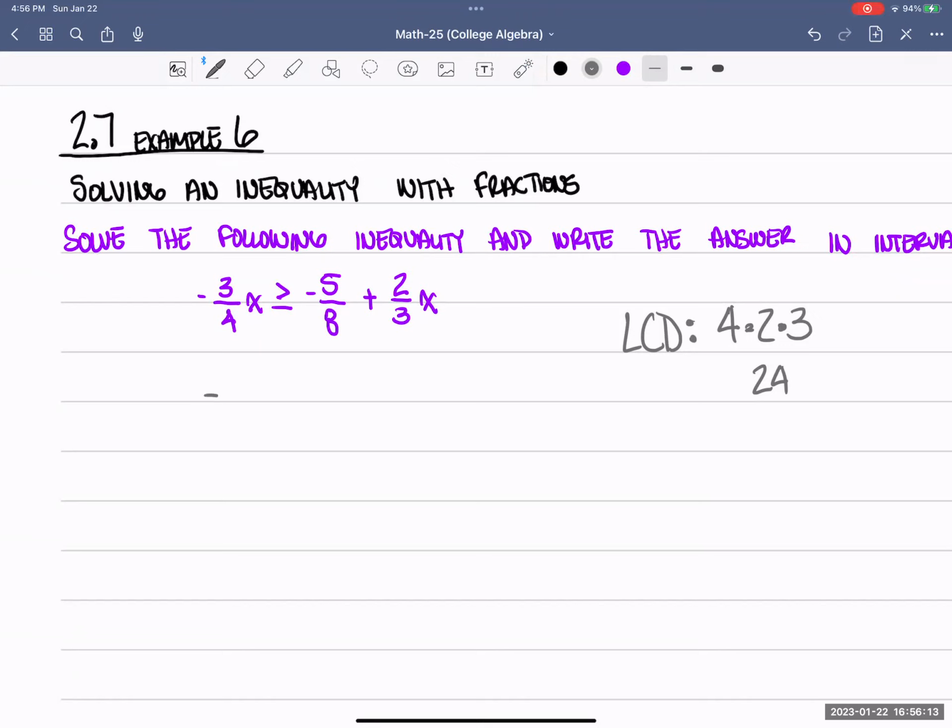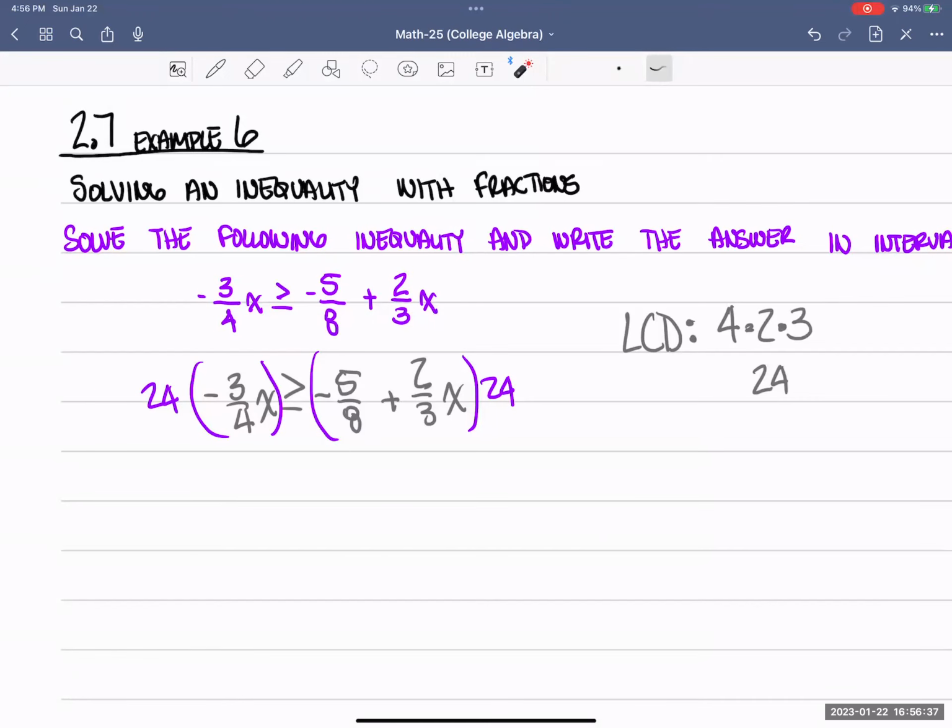So rewriting this, we have -3 over 4x greater than or equal to -5 over 8 plus 2 over 3x. And we're multiplying both sides by our LCD, 24. That leaves us with 24 divided by 4. The 4 divides out and we're left with 6.